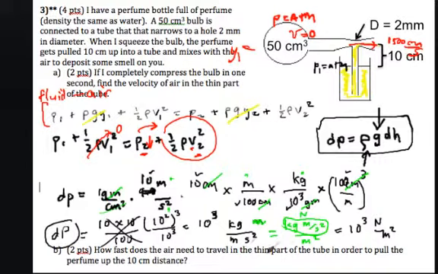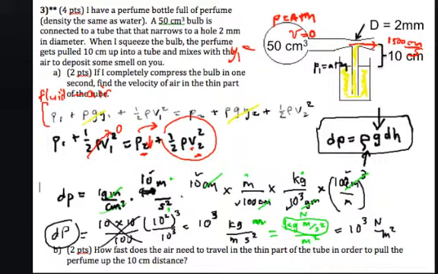The question was, how fast does it have to travel in order to pull it up 10 centimeters? Well, we know the difference in pressure must equal 1,000 newtons per meter squared. And it starts out as an atmosphere, so it must be an atmosphere minus 1,000. So let's keep going here.